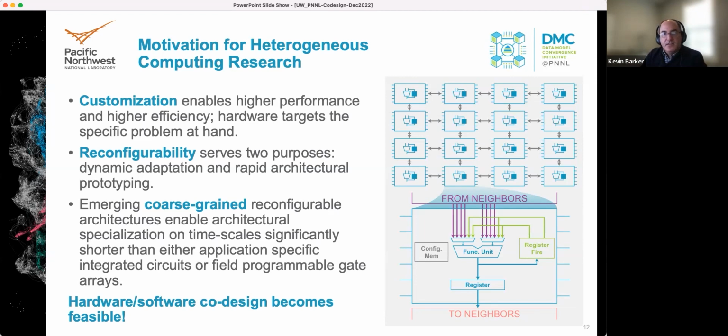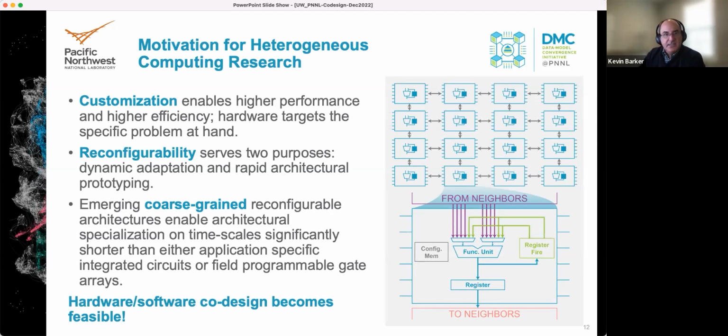So finally, I think hardware software co-design is becoming feasible, and actually having hardware in the design loop is becoming feasible. We can test hardware design concepts rapidly. We can do them in-house. And this is something that we haven't been able to do very well previously.